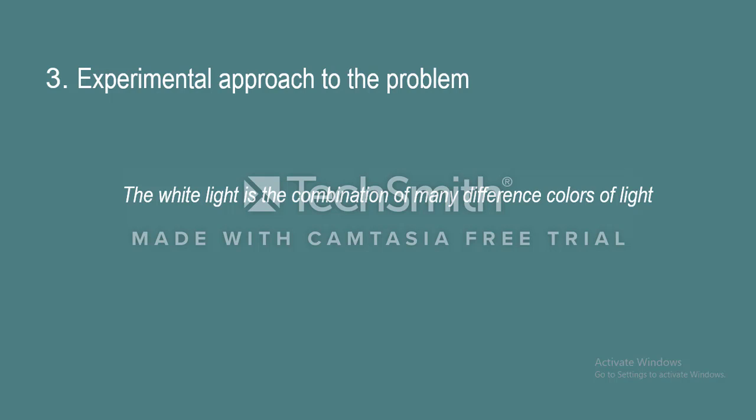In this lesson, students have to do 3 experiments, consisting of 2 experiments to verify and 1 experiment to investigate. For the prediction and experimental approach, I want students to concentrate on the third experiment.